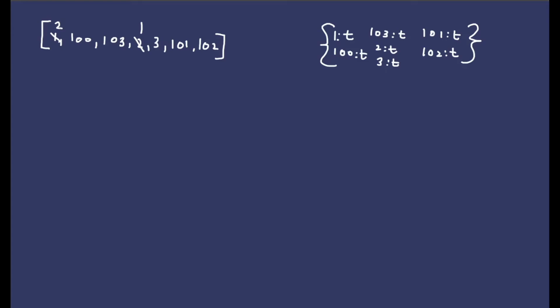Well, we would look to see, 2 exists in this array, right? And in this dictionary, we have 2 right here.